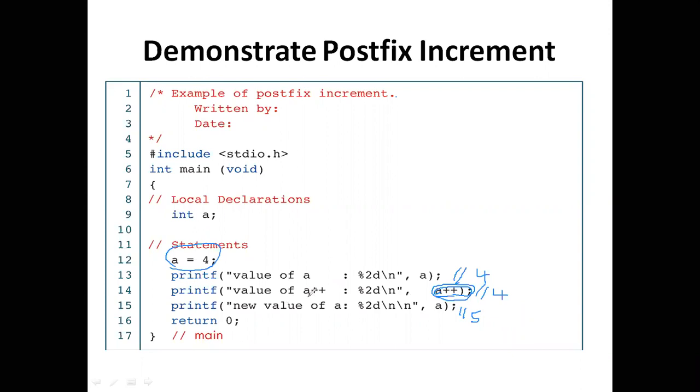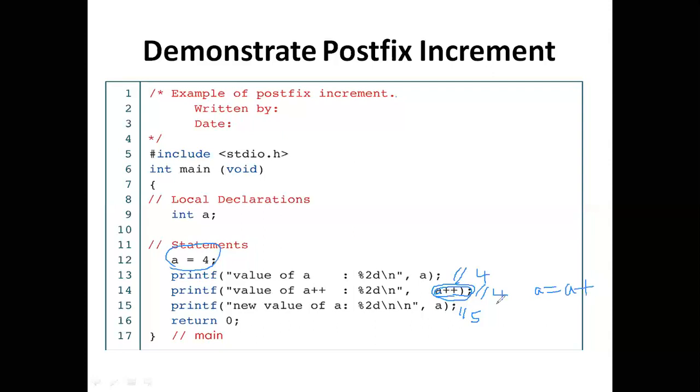Here A plus plus, an example of postfix increment, is executed in this manner. If I execute the expression value of A, it is 4. If I execute the expression value of A plus plus, it also displays 4. What is the actual meaning of A plus plus? A is equal to A plus 1.